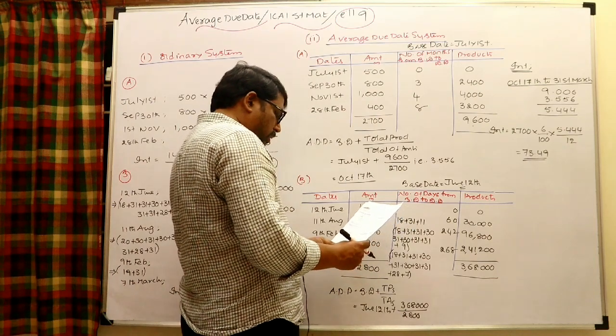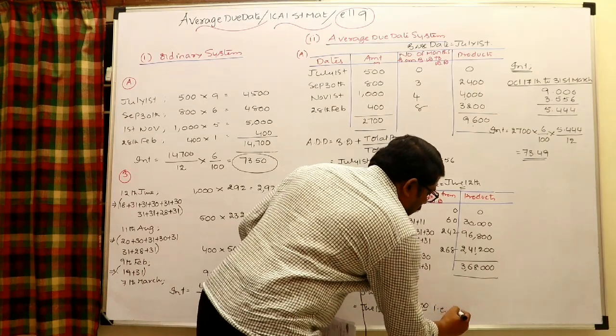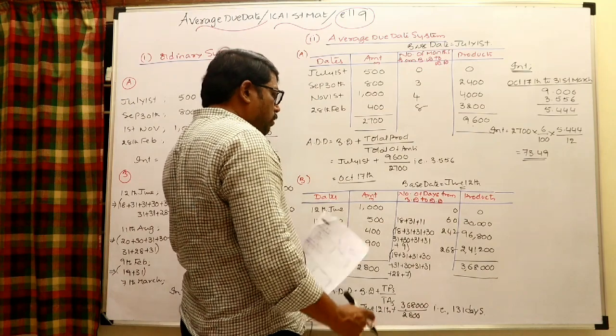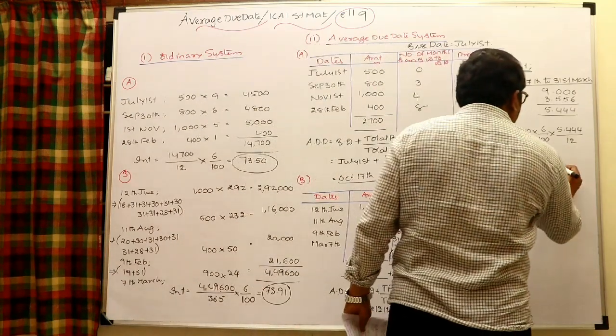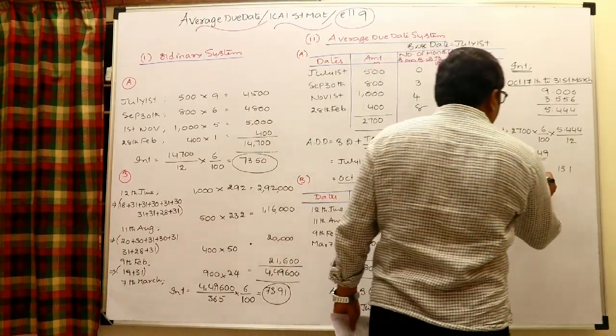So that is 131.42 days. That is 131 days to be added to know the average due date. Okay, let us add the 131 days to June 12th.